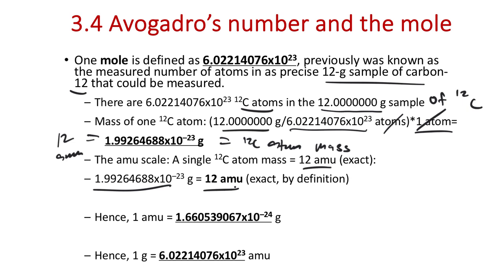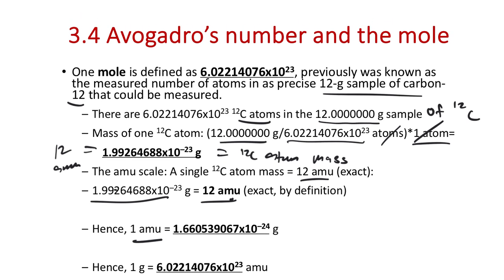That allows us to determine that 1 AMU, if we divide both sides by 1.99264... times 10 to the minus 23, so take 12 divided by the number here, we get this conversion factor: 1 AMU is equal to 1.6605... times 10 to the minus 24 grams.